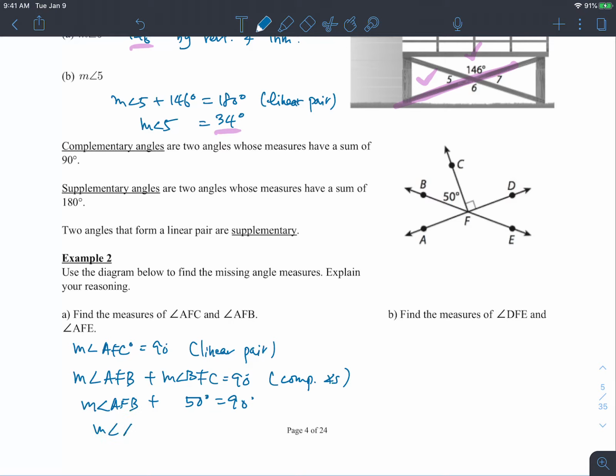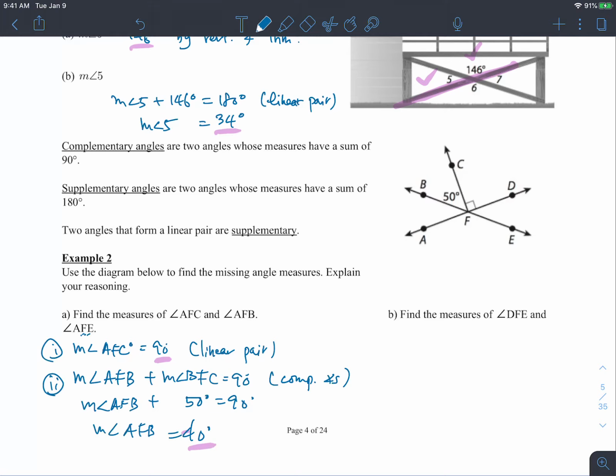Solving for the measure of AFB, it's 40 degrees, right? So that's part 1, part 2. Here and here. And this that you see over here, guys, that should have been written, that's in the wrong place actually.